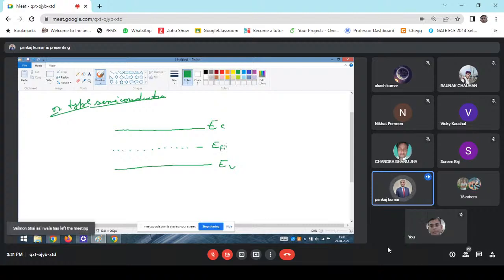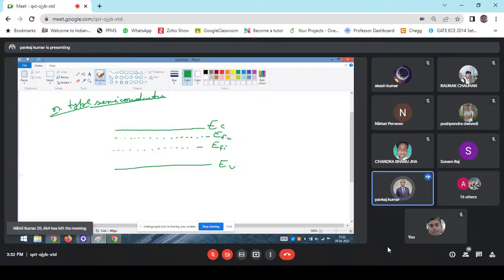Now we have doped this with a pentavalent atom, so the number of electrons increases. So what will happen? A new Fermi level will be formed, and that will be close to this conduction band, because now we have a larger number of electrons. So this will be called the new Fermi level, that is E_Fn.